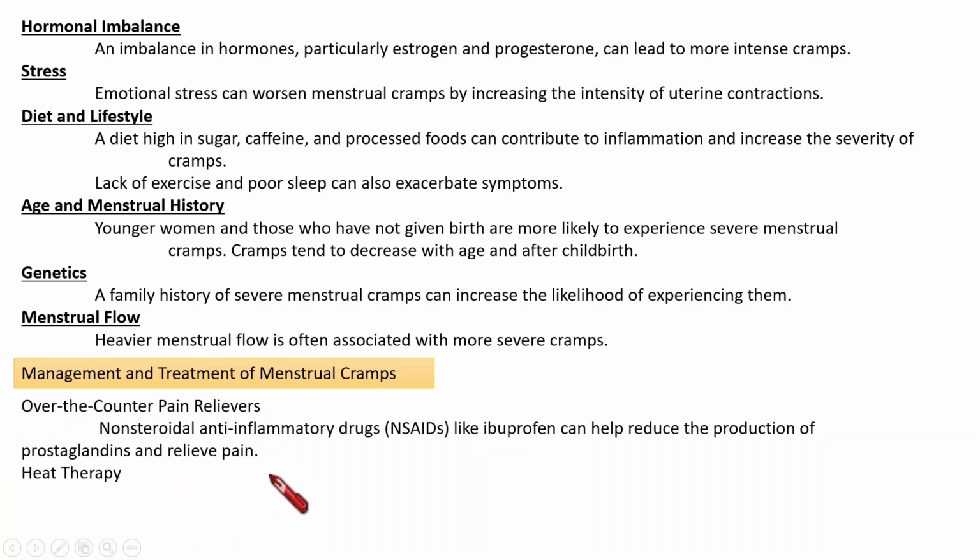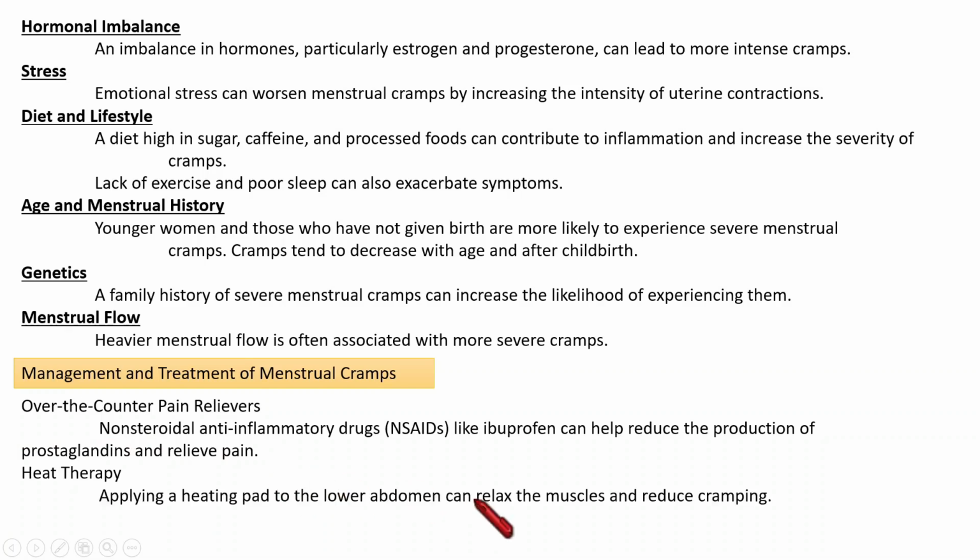Heat therapy, by applying a hot bag over the lower abdomen, will relax the muscles and reduce the cramping. That's another main, best adaptable method to get relief from menstrual cramps.